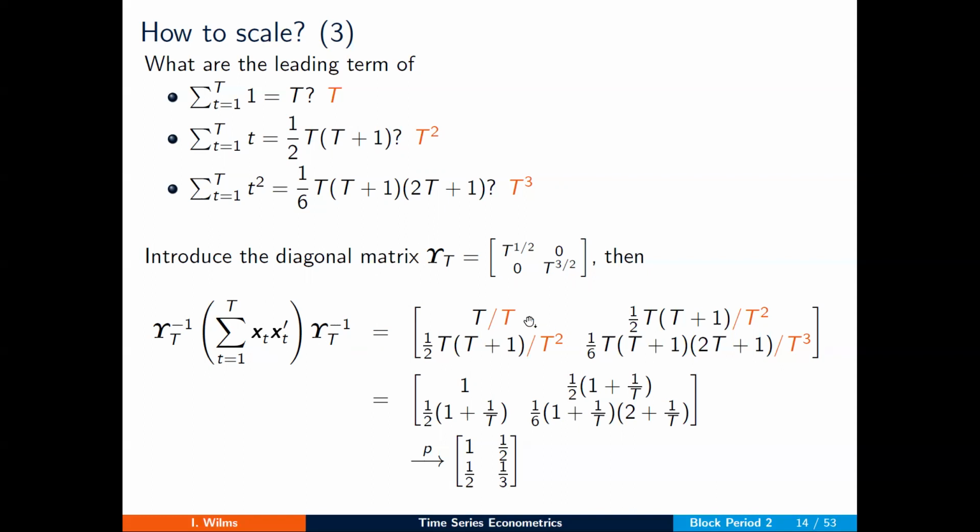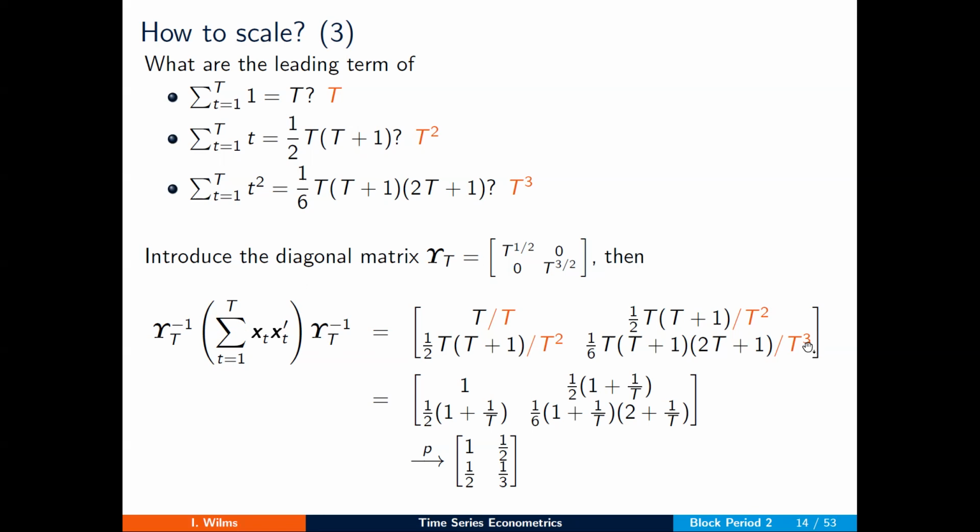So for the first entry, we need scaling by 1 over t. If we set the first entry equal to root t, we indeed get scaling by 1 over t, since we pre- and post-multiply by the inverse of this scaling matrix.